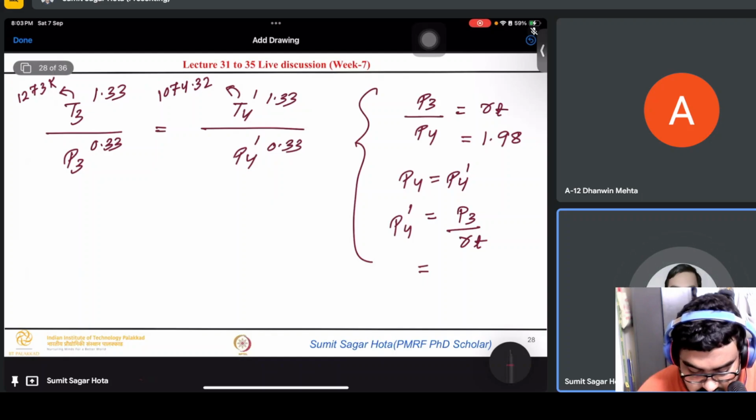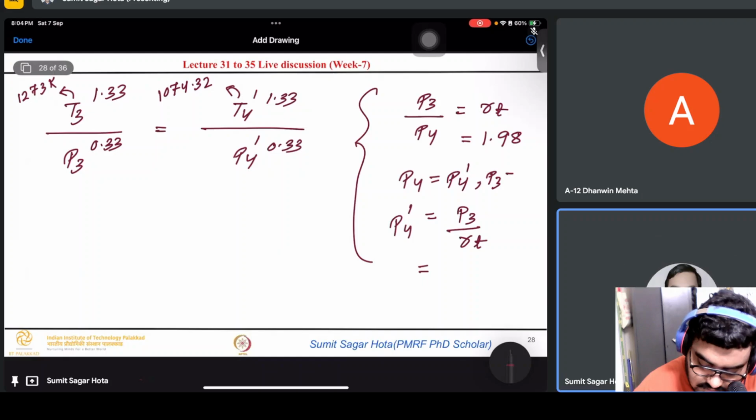Because you know very well, we know P2 by P1 equal to 5. And what is your P3? P3 is equal to what?